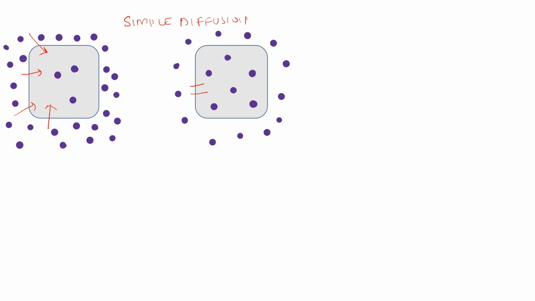So the concentration difference cannot be maintained. Then what is it that helps us maintain this concentration difference? It is a primary active transport mechanism, right? What is this primary active transport mechanism? It is the sodium-potassium pump, right?